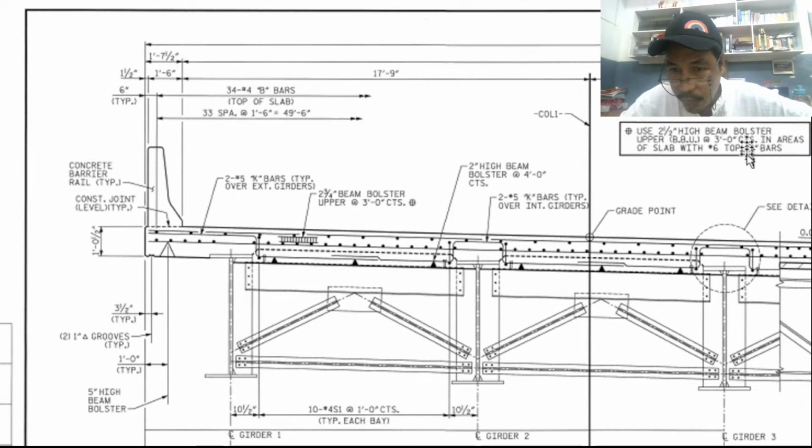I don't know if this is 8 or B. I cannot read if this is 8 or B. So number 6 top 8 bars. So meaning we need number 6.